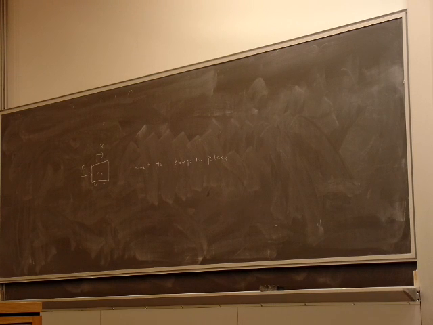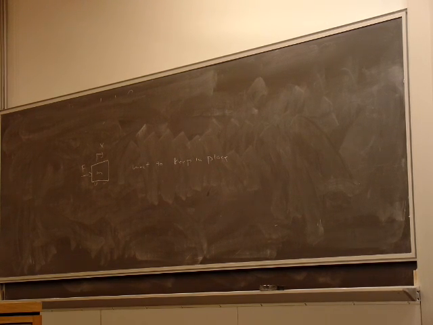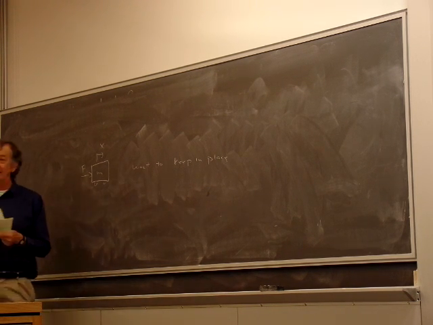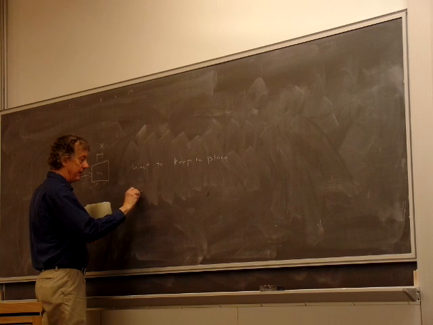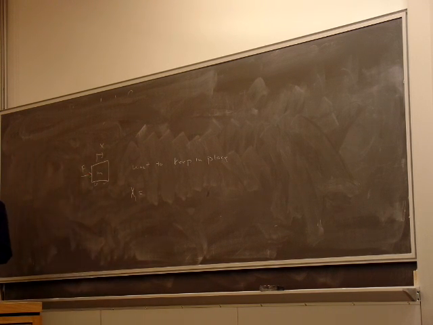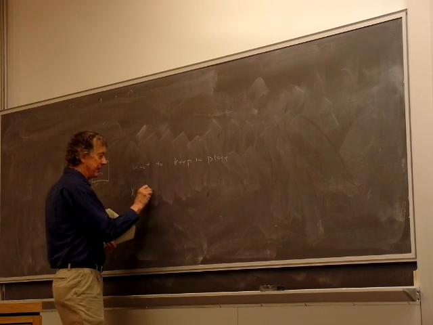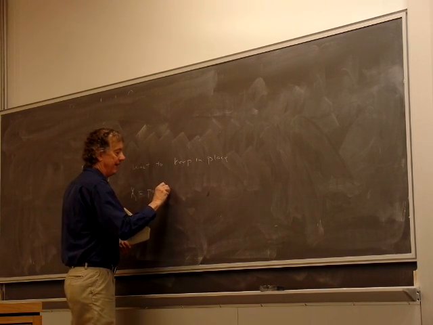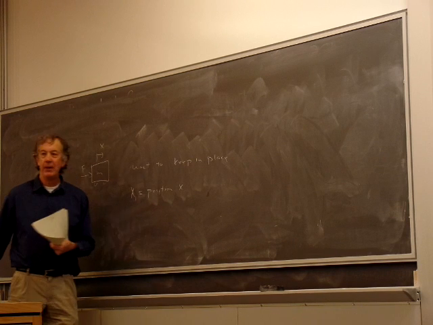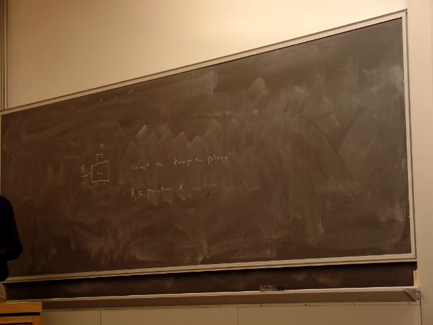What are the state equations for this? X1 would be what? Position. Better have position here. Why? Because I'm trying to keep it in place. So you're repeating back what the position is. What would be your next state?